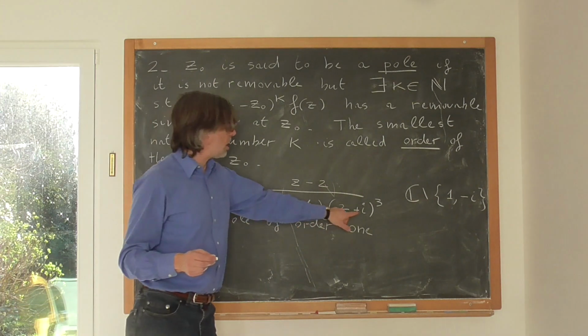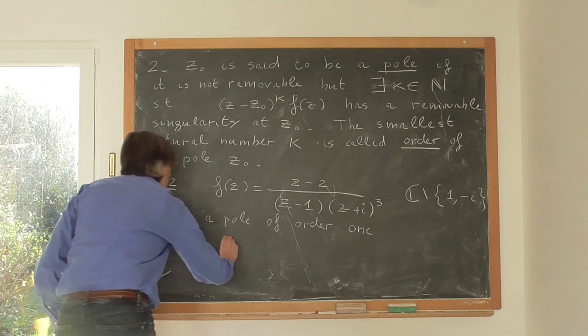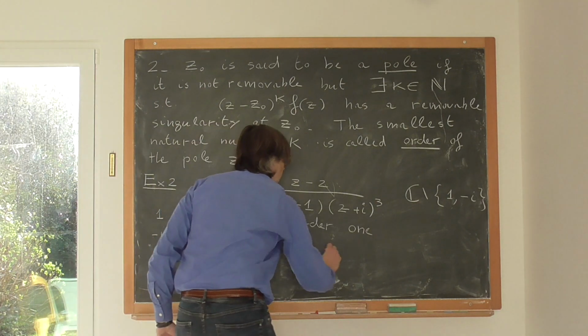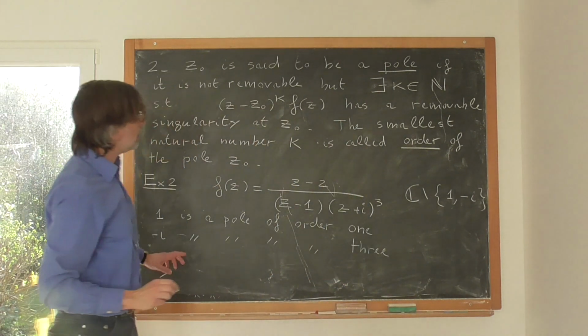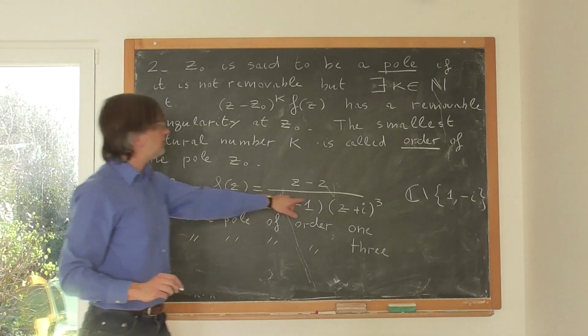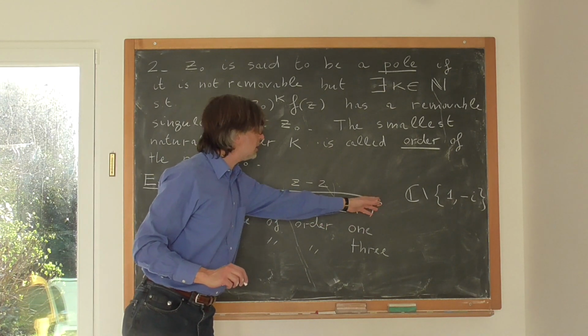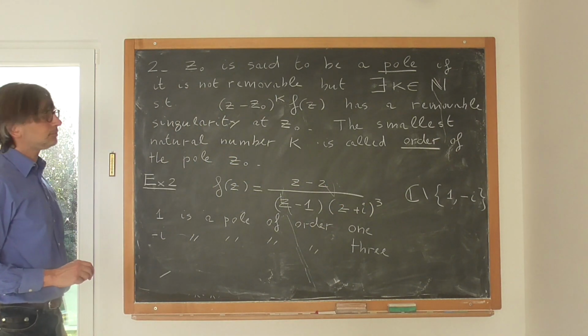Instead, the singularity at minus i is a pole, but of order 3. Here we have to multiply this function f by (z plus i) to the power 3 if we want to remove the singularity.